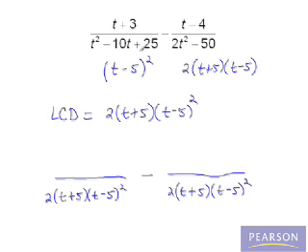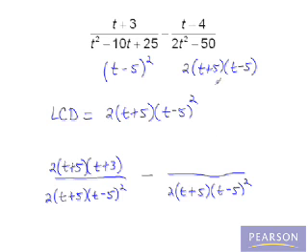Comparing the left denominator with our least common denominator, we're missing the factors 2 times (t + 5). So we need to multiply (t + 3) by 2 times (t + 5).